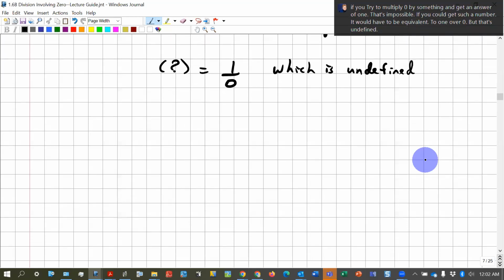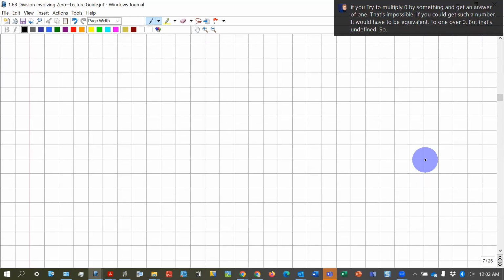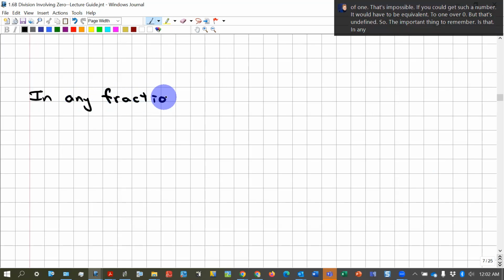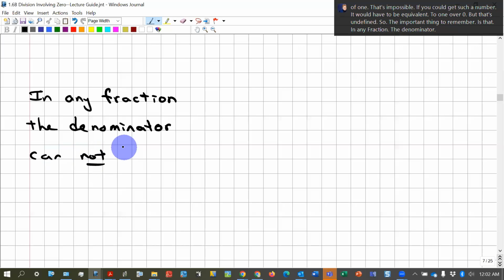So the important thing to remember is that in any fraction, the denominator cannot be 0.